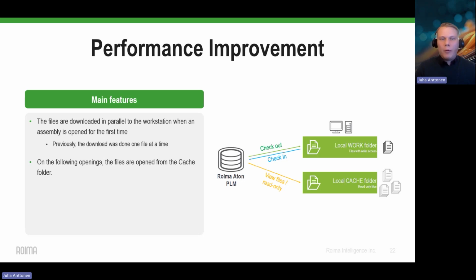But with this performance improvement, we can do several parallel downloads. So we have multiple pipes where we download the models from Aton to the local workstation, and this really improves the opening times in Aton for CAD.